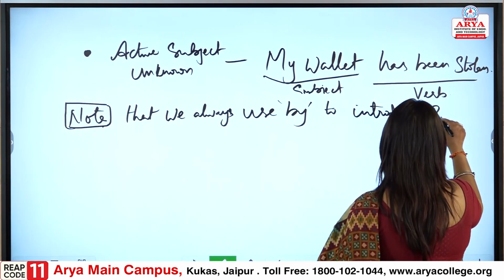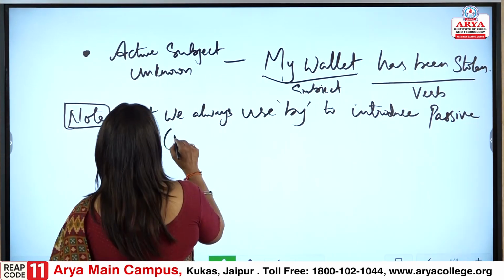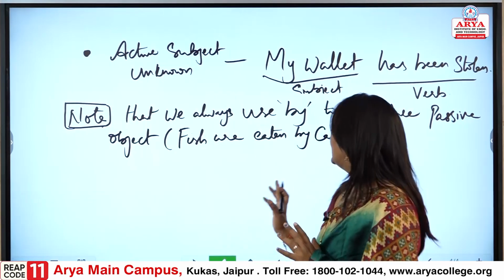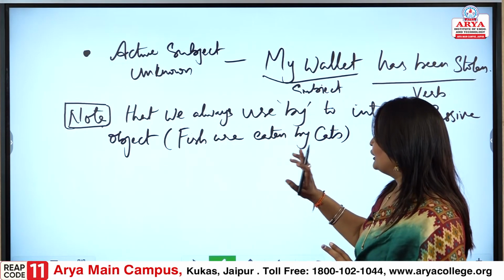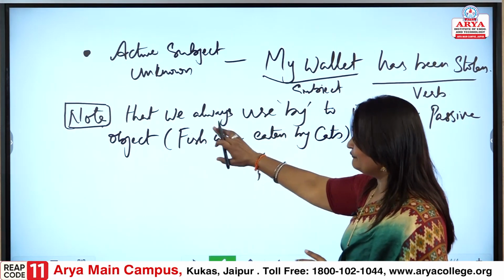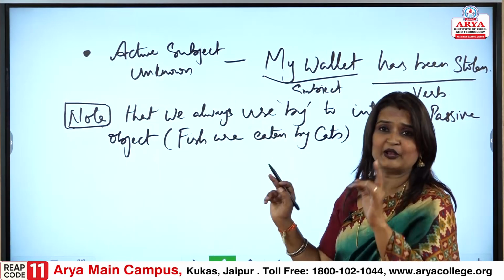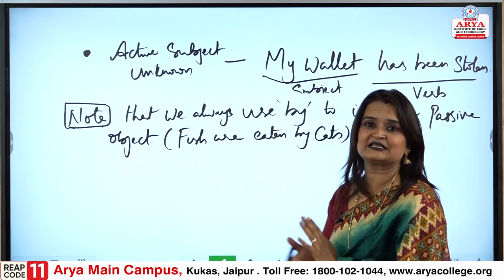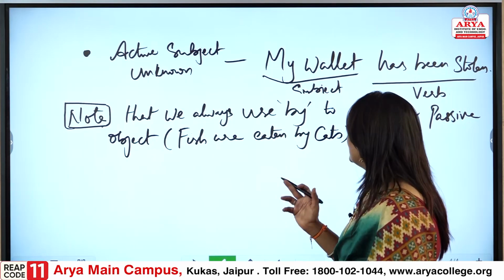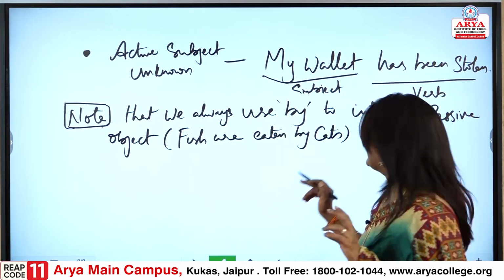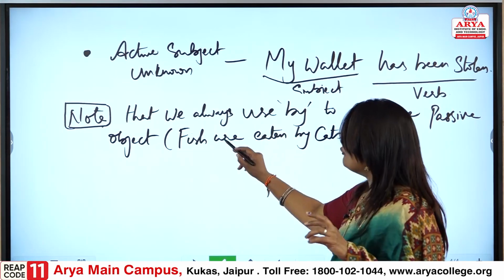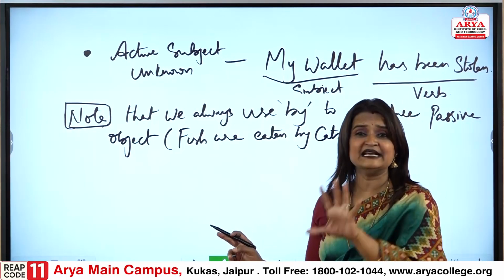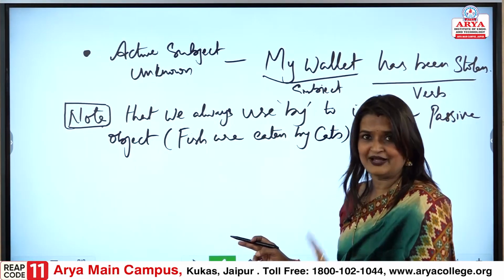Let me give an example. The first thing we are noting down: use by to introduce the passive object. Which is the passive object? Fish were eaten by whom? By cats. So, the passive object is cats.